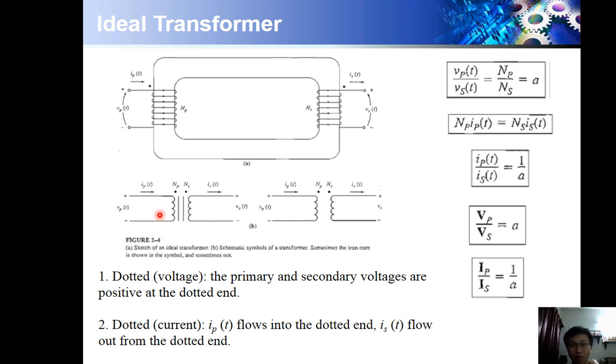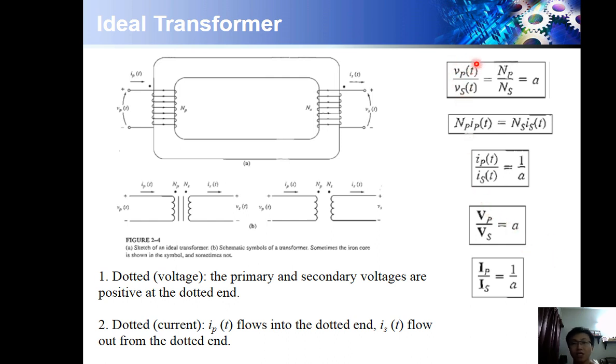So NP times IP, the number of primary turns times IP, equals the number of secondary turns times IS. This is a basic equation we need to know. Then IP divided by IS becomes 1 over A. At the same time, VP divided by VS becomes A.